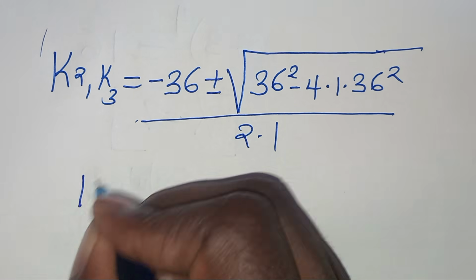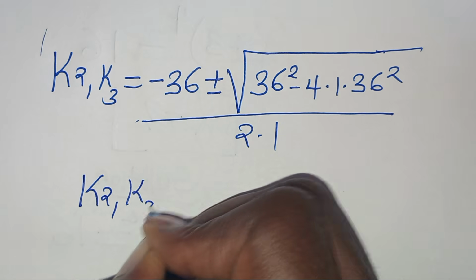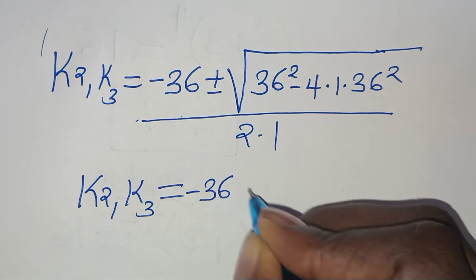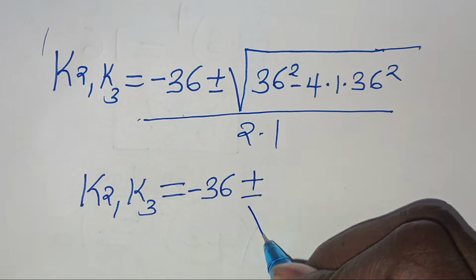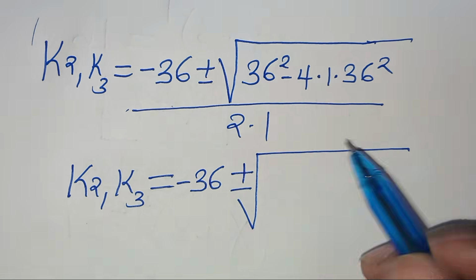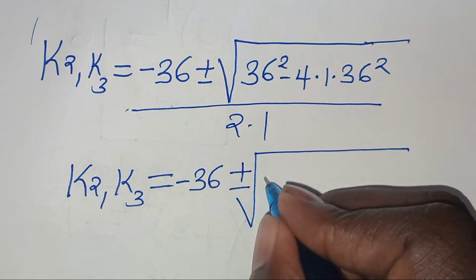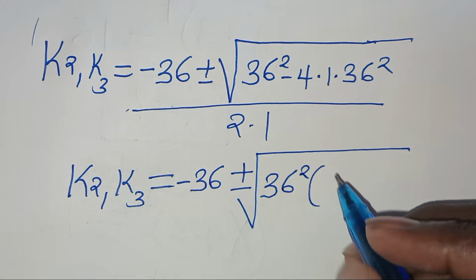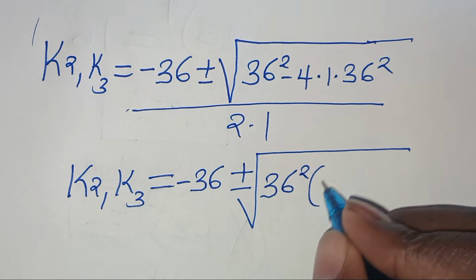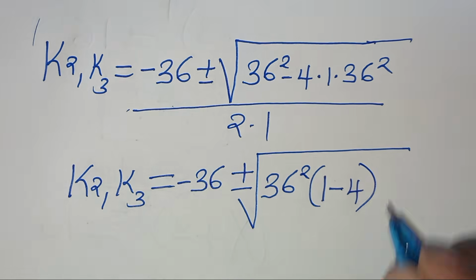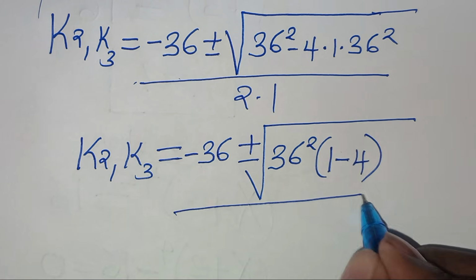Now this implies that k2, k3 is equal to negative 36 plus or minus the square root of 36 to the power of 2 times 1 minus 4, since 36 to the power of 2 is common, so we can factor it out, then divided by 2.